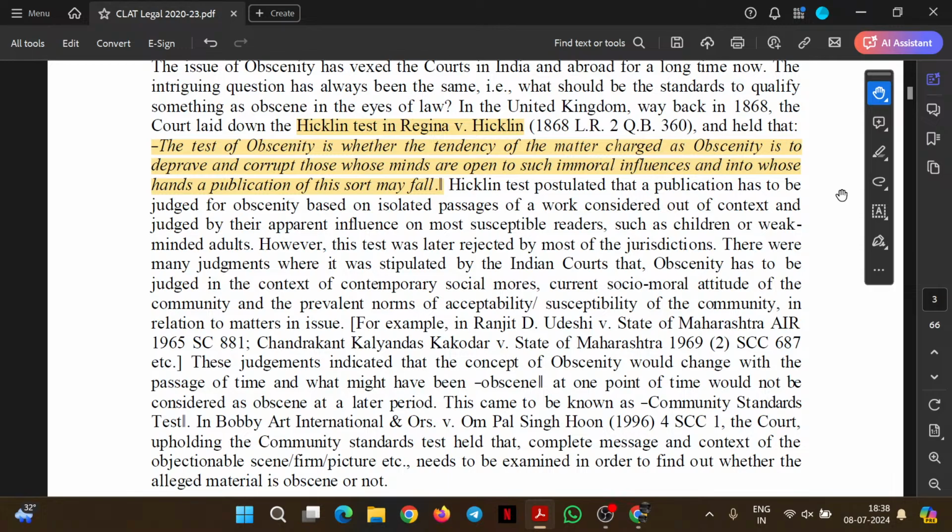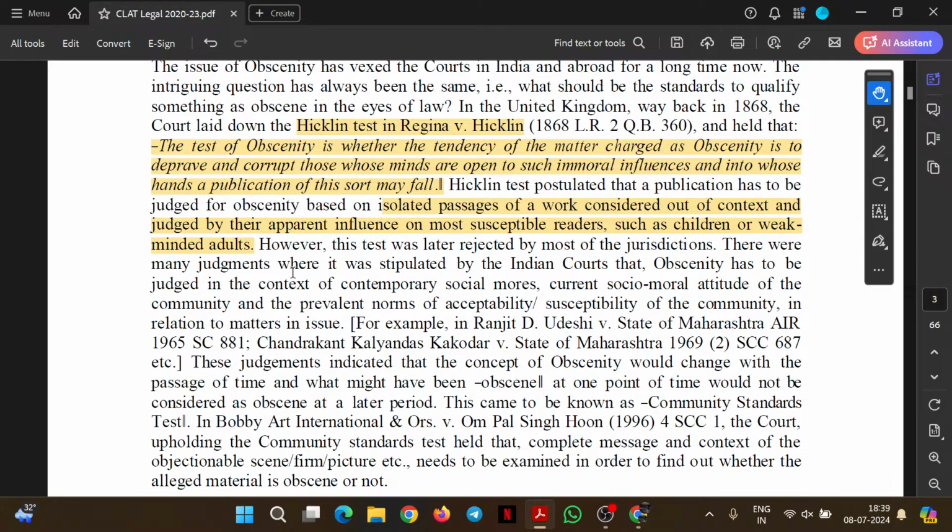So, how the Hicklin test is conducted is later explained in the passage, stating that the publication has to be judged for obscenity based on isolated passages of work considered out of context and by their apparent influence on most susceptible readers, such as children or weak-minded adults.